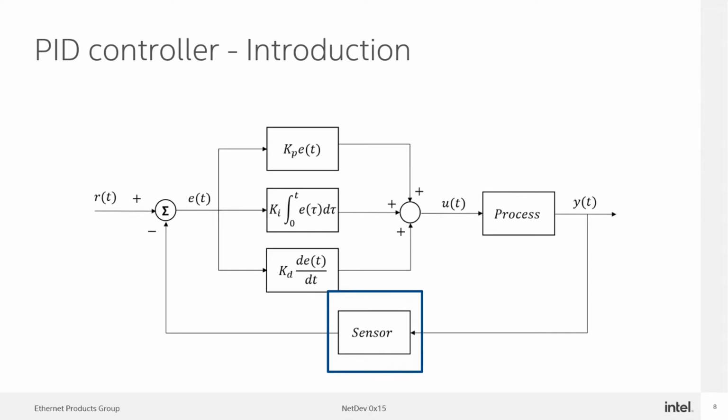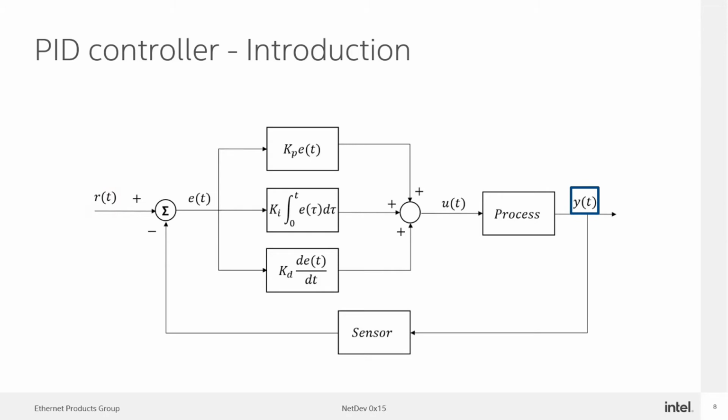The system is also described by a set of signals such as R, E, U, and Y. The input signal, marked on the slide as R of t, represents the value that the control system is aiming to reach. Taking into account the previously described example, we can say that it will be, let's say, 21 degrees.